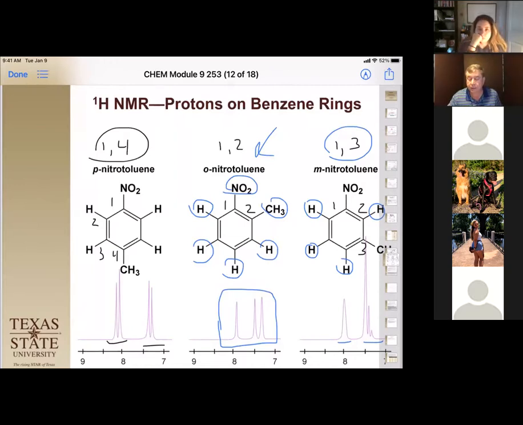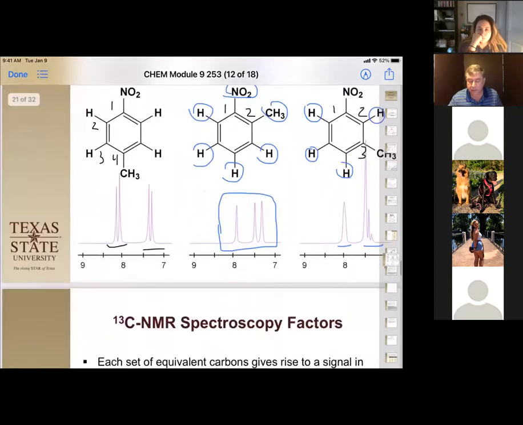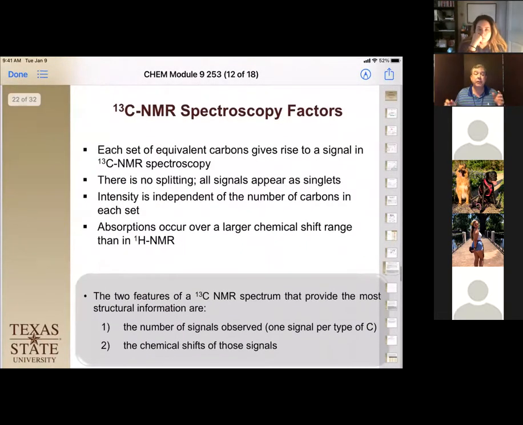Okay, now, the next most useful NMR experiment is when we use carbon-13, okay? So notice carbon-13 is an odd number. The most common isotope of carbon is carbon-12. That's 98% of all carbon. However, 1.1% is carbon-13, okay?